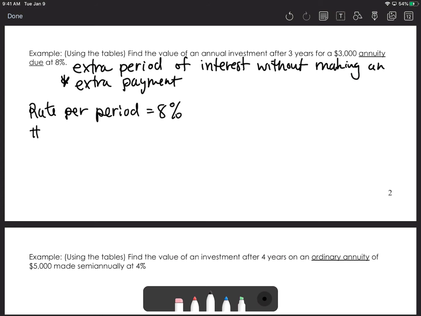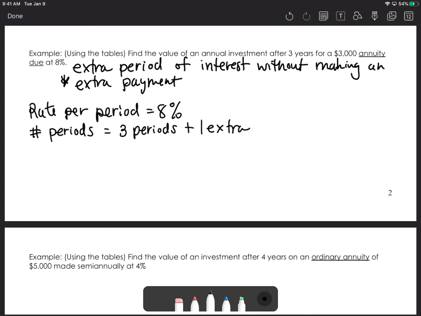But the number of periods is actually going to be 4, because we have 3 periods plus 1 extra period of interest. And then what we'll do is we'll subtract off a payment.